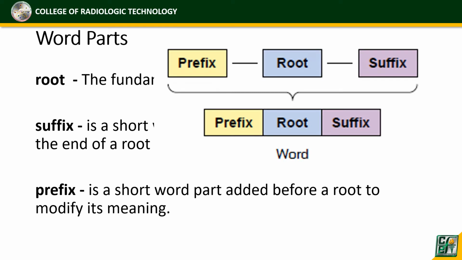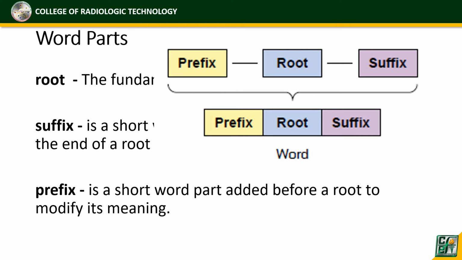So basically, a medical term can consist of a prefix, a root word, and a suffix. However, it is not limited to that. Some have just the prefix and the root. Some have the root word and the suffix.